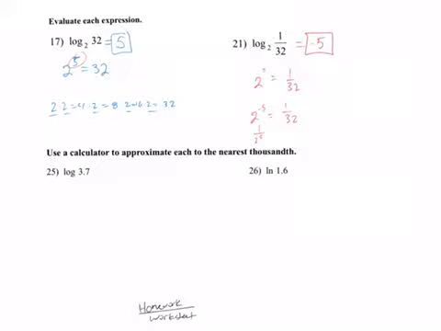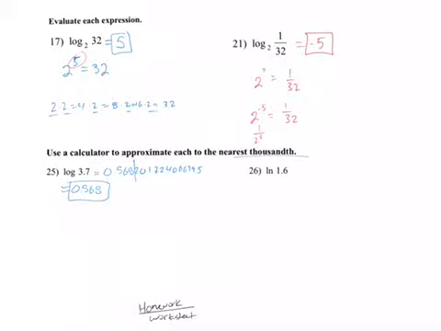So for number 25, on my iPhone calculator, I'm going to say 3.7 and then hit log, and I find that this is equal to 0.568201724066995, but it just says to the nearest thousandth, so it's 3 decimal places, so I'm going to cut it right there. So I'm going to say this is approximately equal to 0.568. Some calculators you hit the log button and then the 3.7, just depends on which calculator you have.